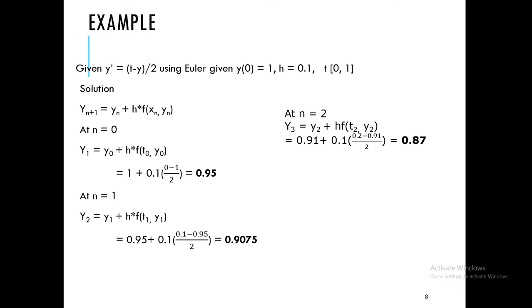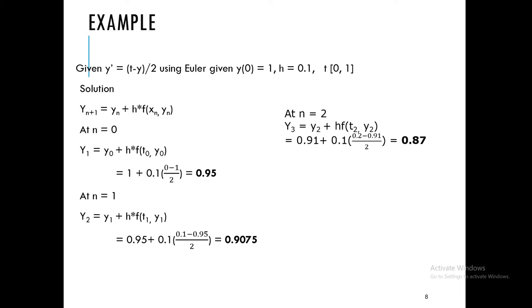At n equals 0, the first iteration, we have y_(0+1), which is y1, equal to y0 plus h times f of x0, y0. x0 we all know is 0, the initial condition, and y0 is 1.